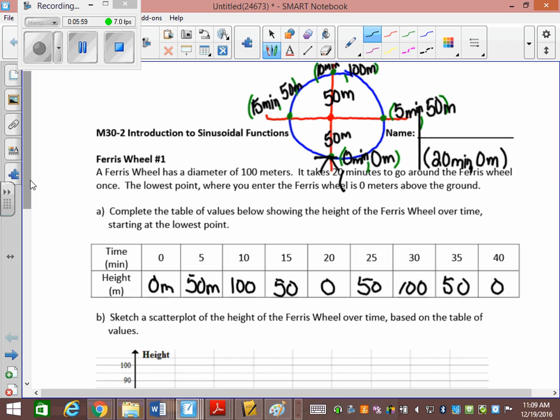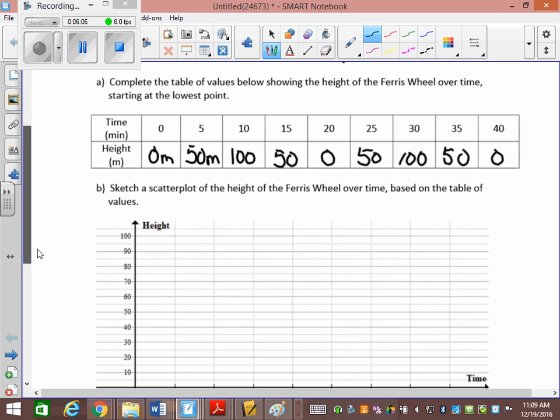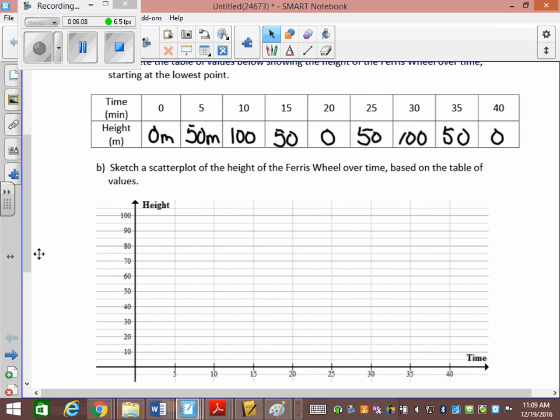So any type of thing that goes in a circular motion over time will actually make a sinusoidal graph, and I'll show you this. So if you plot these points here, we're going to get 0, 0, and then 5, 50, 10 and 100, 15 and 50, 20 and 0, 25 and back up to 50, 30 and 100, 35 and 50, sorry, and 40 and 0.